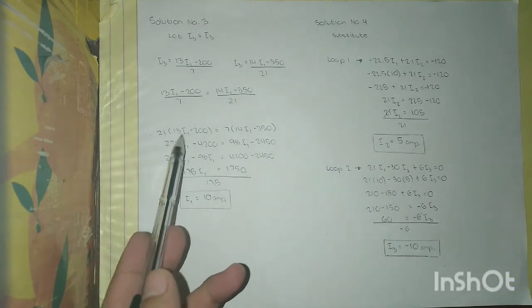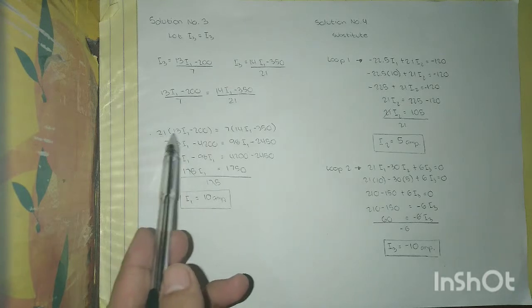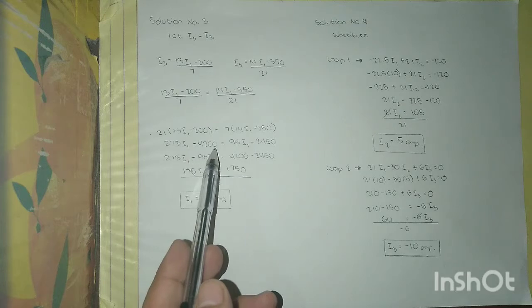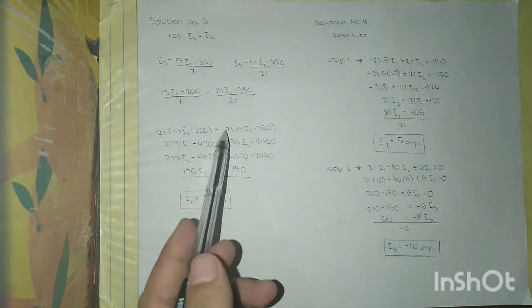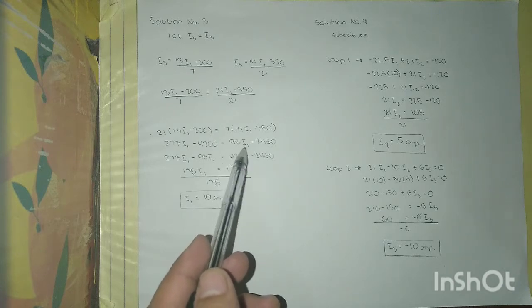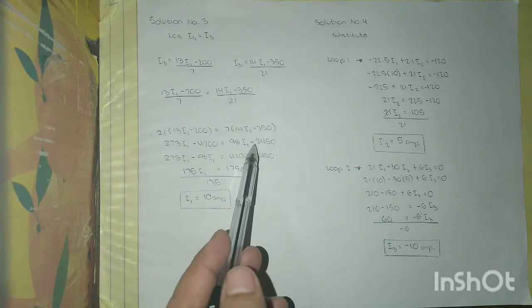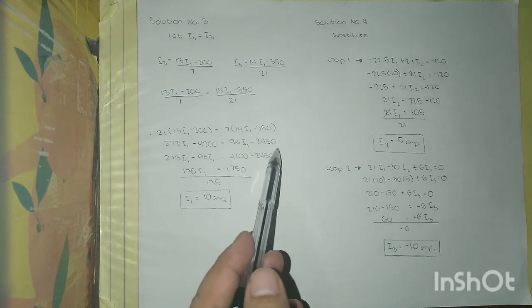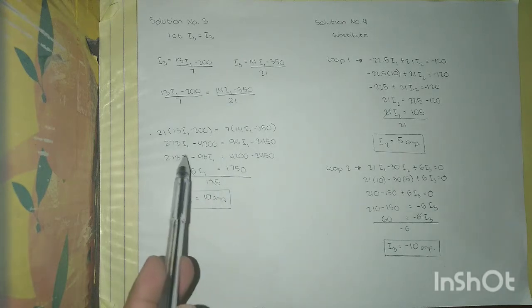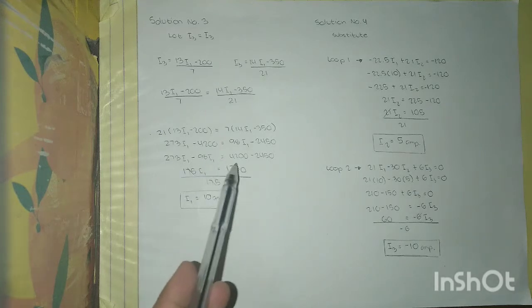21 times 13 I1 is equal to 273 I1. Then 21 times negative 200 is equal to negative 4,200, which is equal to 7 times 14 I1, which is 98 I1, and then 7 times negative 350 is equal to negative 2,450. And then combine the like terms and equate.